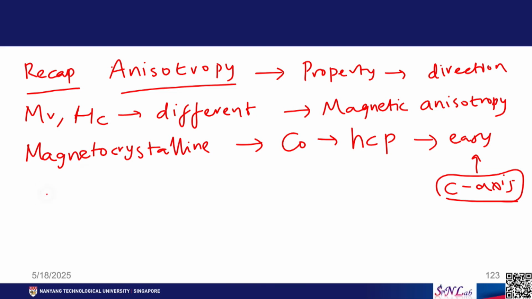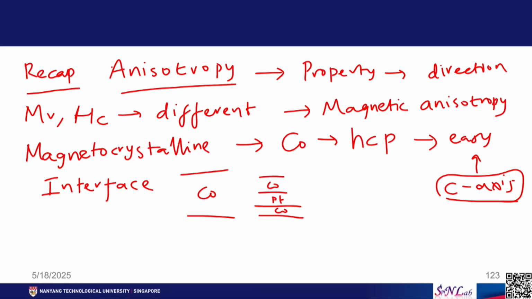Secondly, we learnt about interface anisotropy. So, instead of having a bulk very thick cobalt layer, let us say you interface cobalt with platinum. You split it into many layers and interface cobalt with platinum, for example.